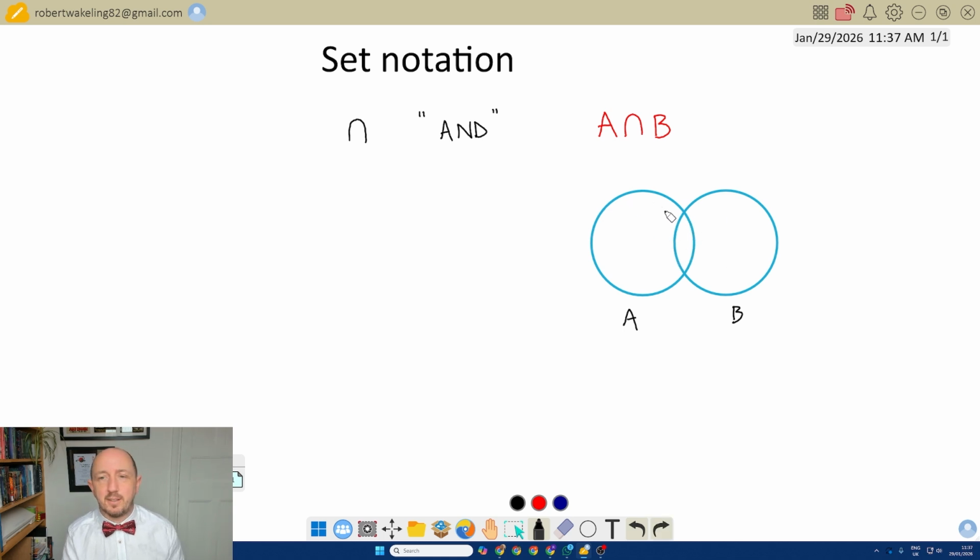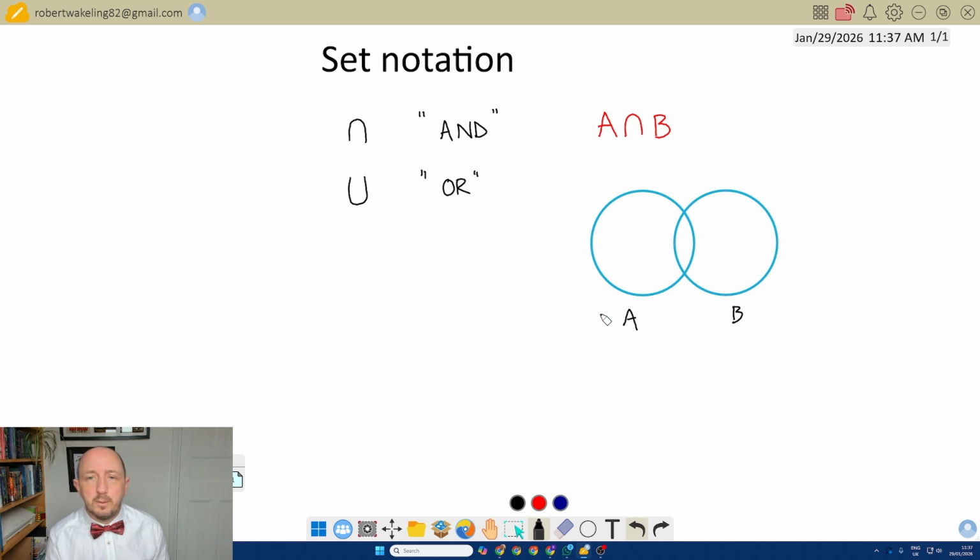Okay, so the only part of this circle that was filled in for both A and B would be this middle part here.